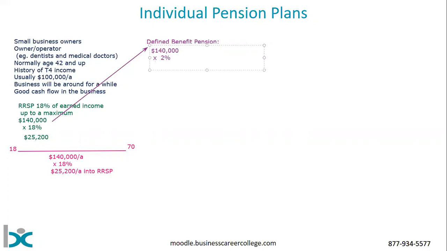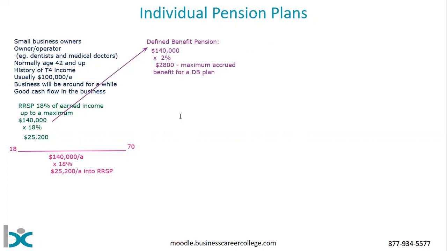And so 2% of $140,000, $2,800, that's the maximum benefit that you can accrue for a DB plan in a given year of employment.